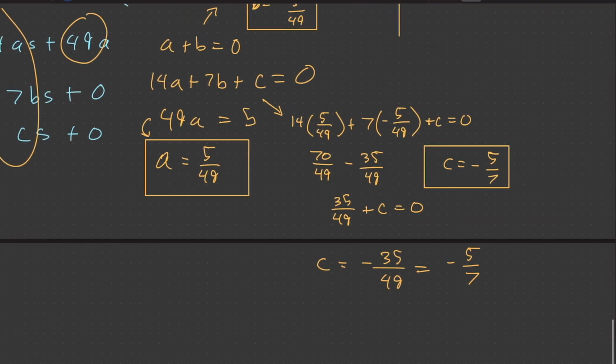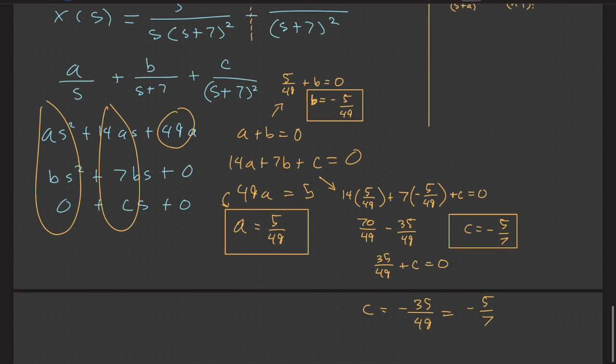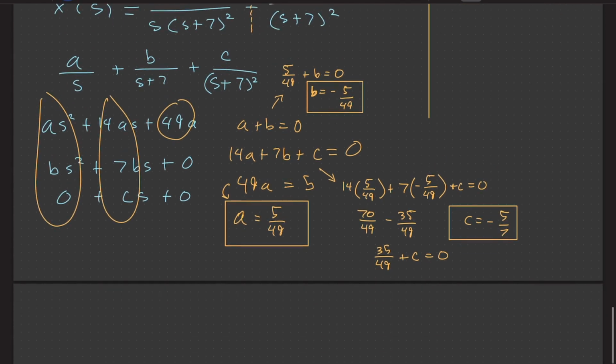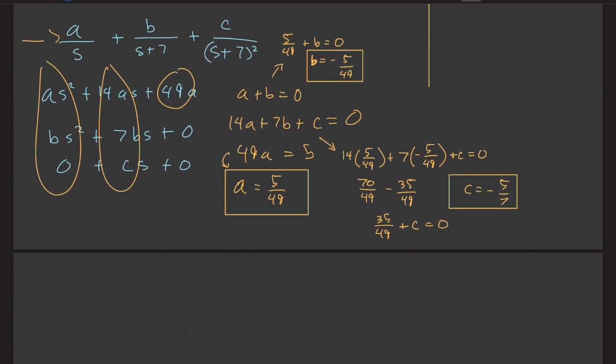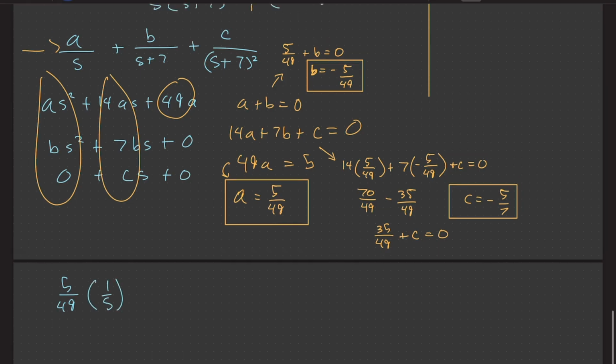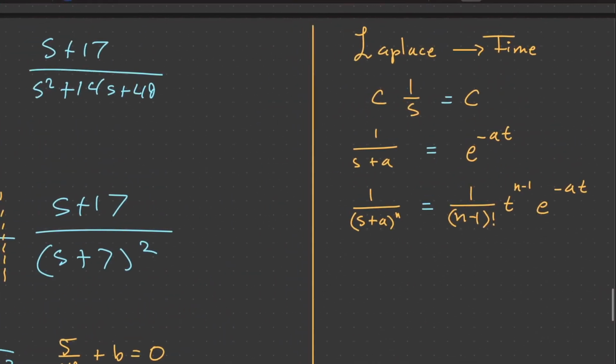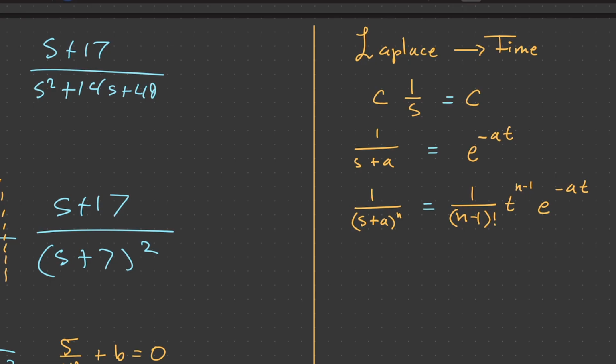So let's go ahead and write this all as our decomposed fraction expression, right? So now I can write this in the form that I wrote up here. 5 over 49, and I'm going to write the fraction outside, and I'll write it like 1 over s. And we'll see why, right? If you look at this table, you see that everything is in the form of 1 over s, 1 over s plus a, and 1 over s plus a to some degree power, right?